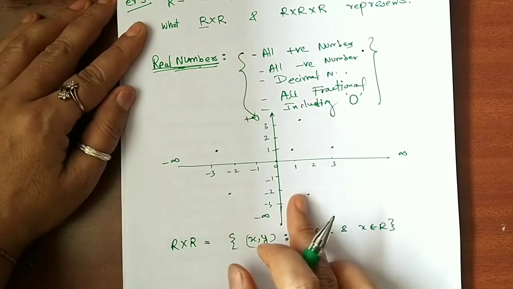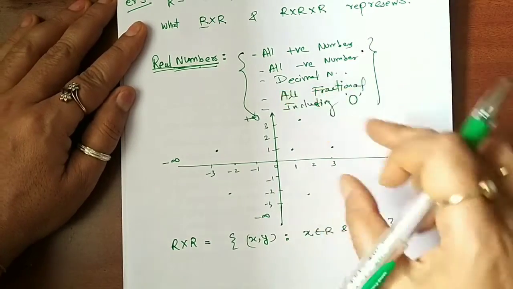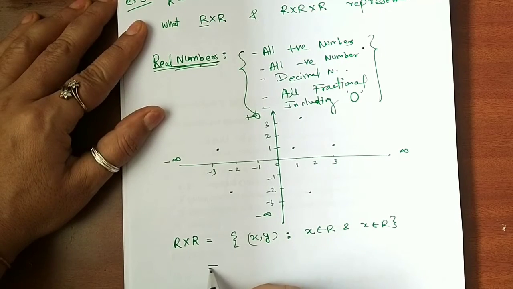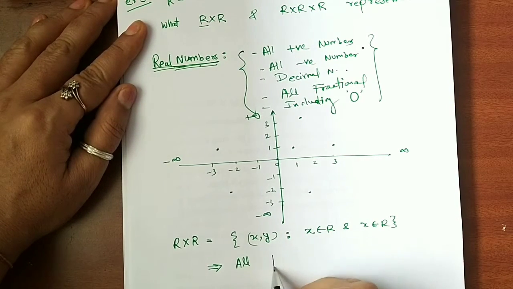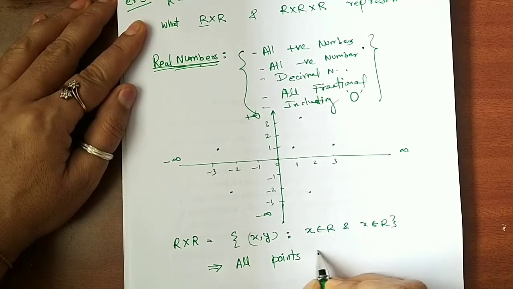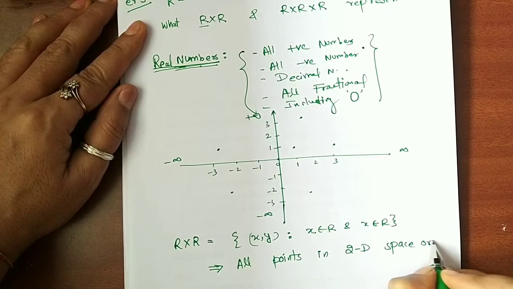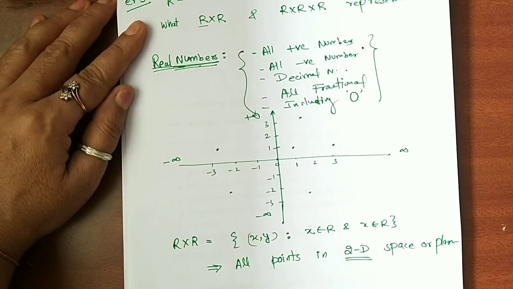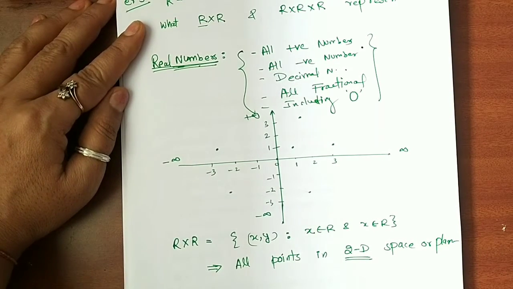All possible ordered pairs of real numbers on the x-axis and real numbers on the y-axis will be present on this two-dimensional plane. So R cross R is representing all points in 2D space or plane. Okay, 2D is two-dimensional.